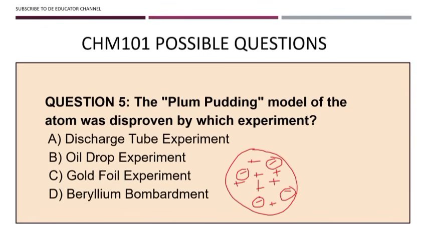But Rutherford did not know the particle. Because of that, this model was disproved. So what disproved this model is the gold foil experiment. And who conducted the gold foil experiment? Rutherford. Please take note, all of these questions can be rephrased to any pattern. So it's better for you to understand the concept very well.